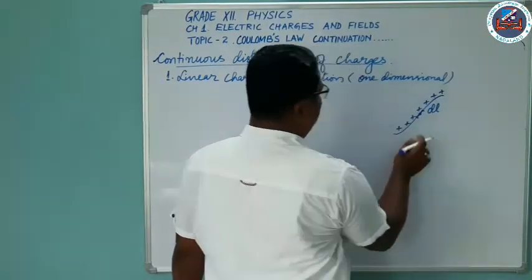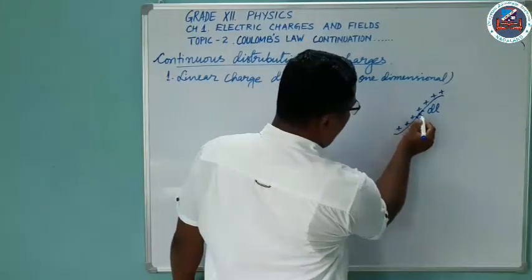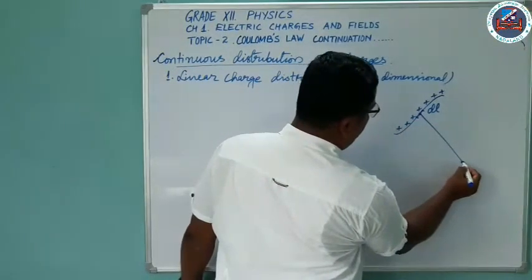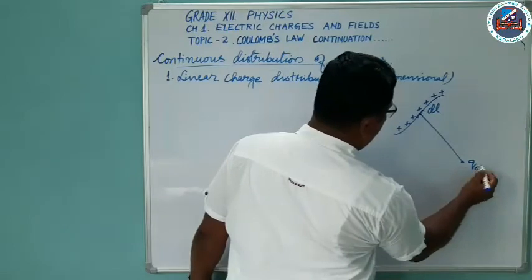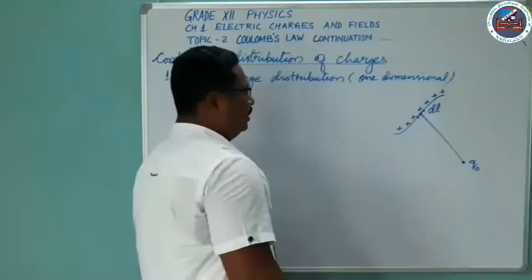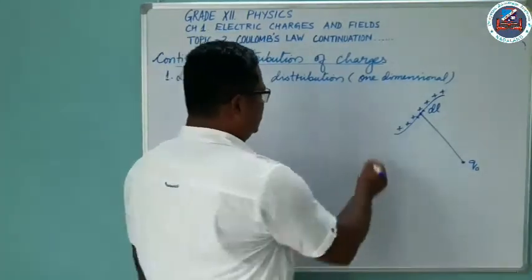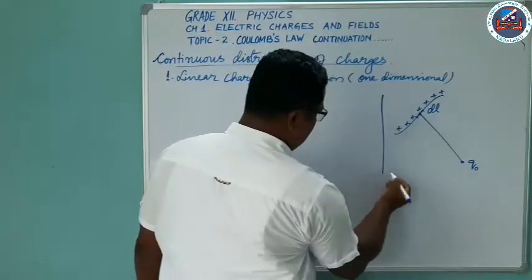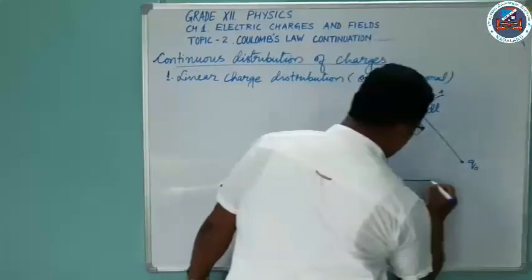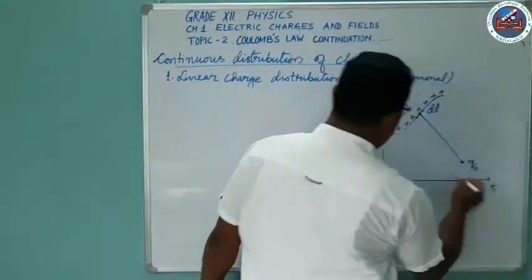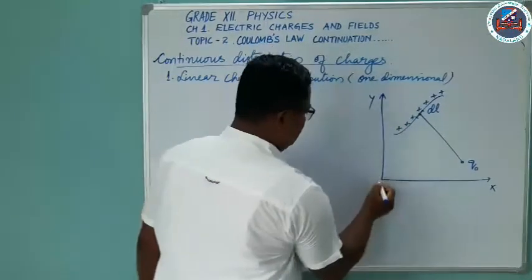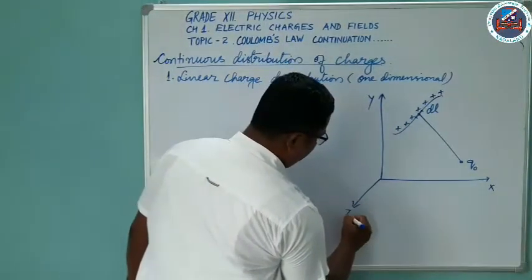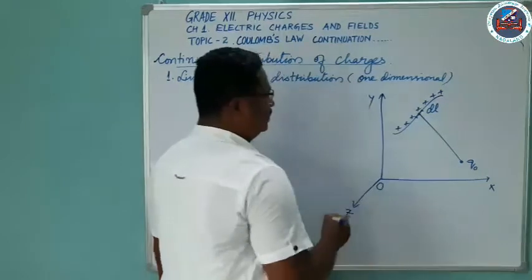Now what force will this dl exert on a test charge, let us say Q0, placed near the wire. To know this, we represent it in a three-dimensional pattern with x-axis, y-axis and z-axis. This is the origin.